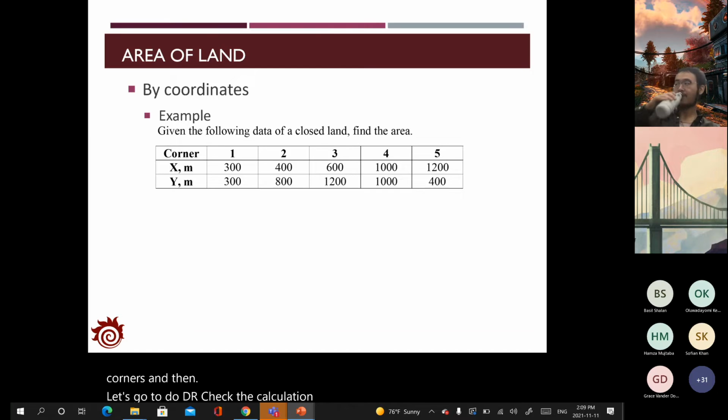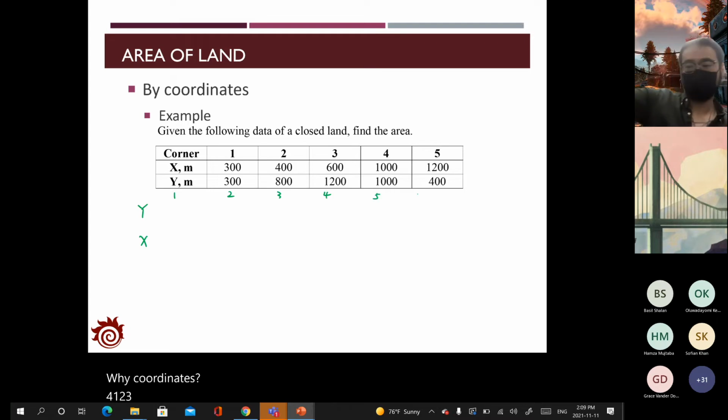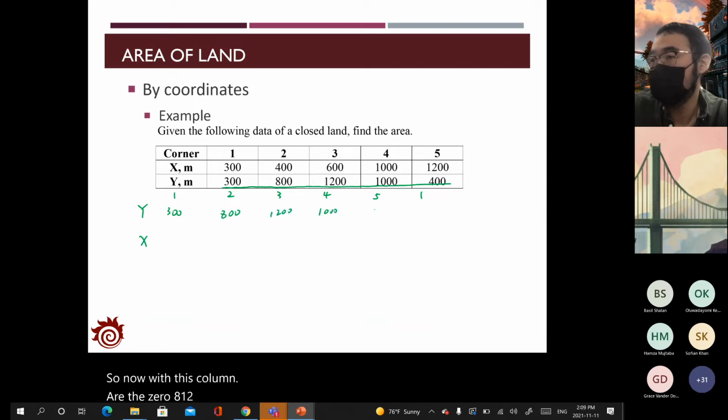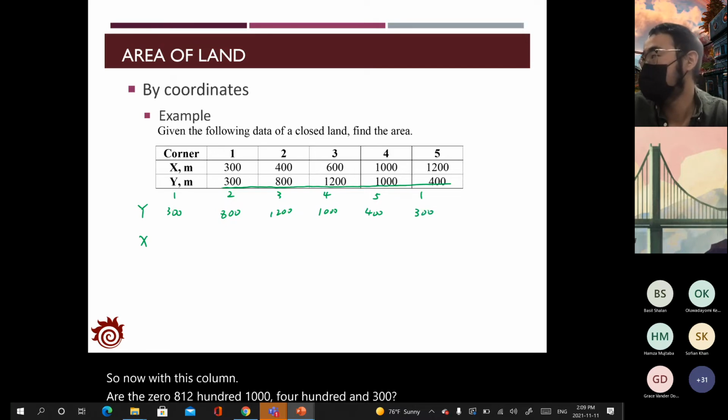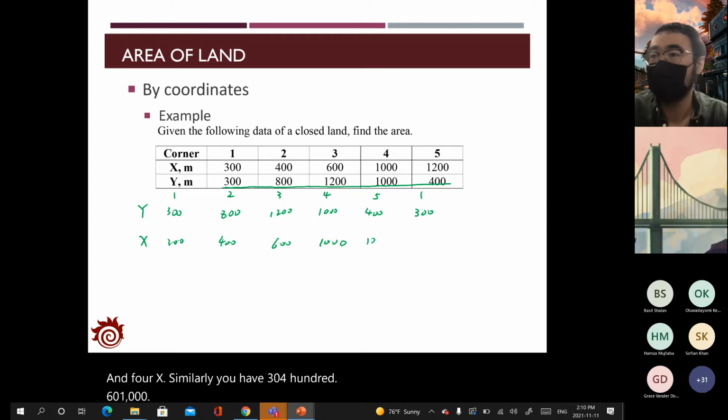We first list all the y coordinates for points 1, 2, 3, 4, 5, and 1: 300, 800, 1200, 1000, 400, and 300. And for x, similarly, you have 300, 400, 600, 1000, and 1200, and back to 300.